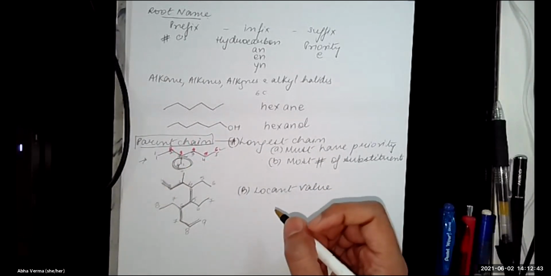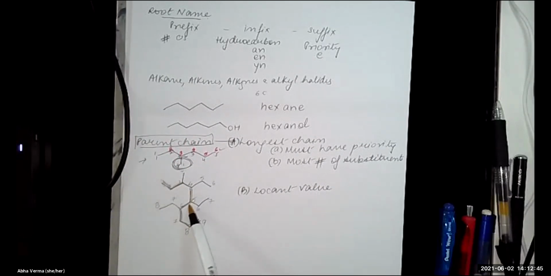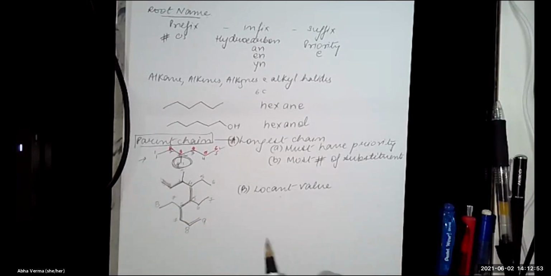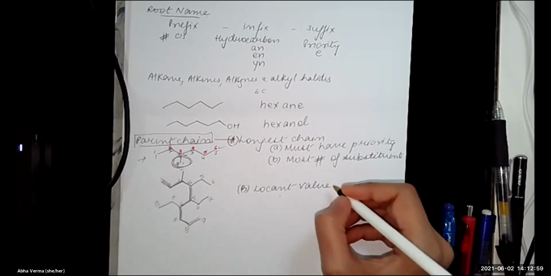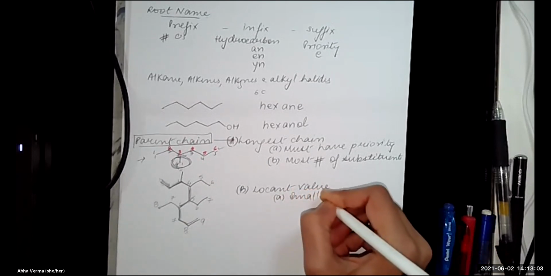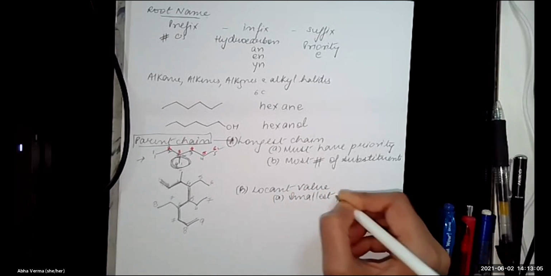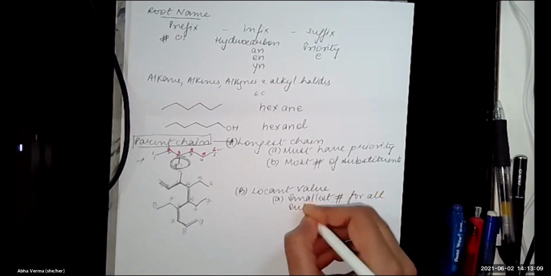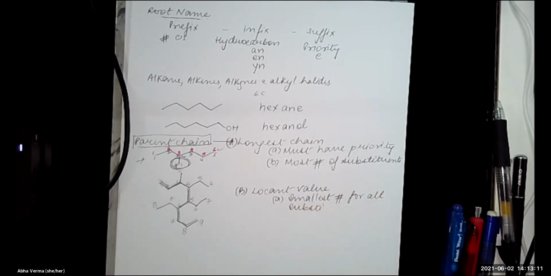So on the chain, what is the location of that particular substituent? The only thing that you have to do with locant value is make sure that this is the smallest number for all substituents together.